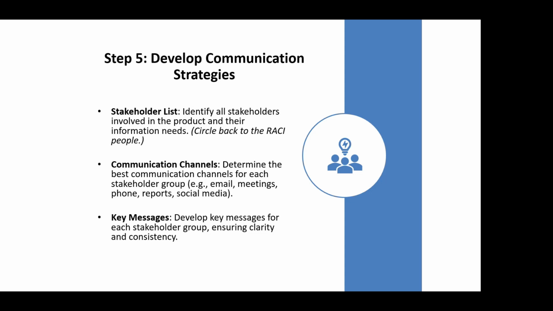So in here, you want to identify stakeholders that are involved in the product and service and their informational needs. So think back to the RACI process that we did in a lot of those areas. You need to understand how you're going to communicate with these people and within their positions.